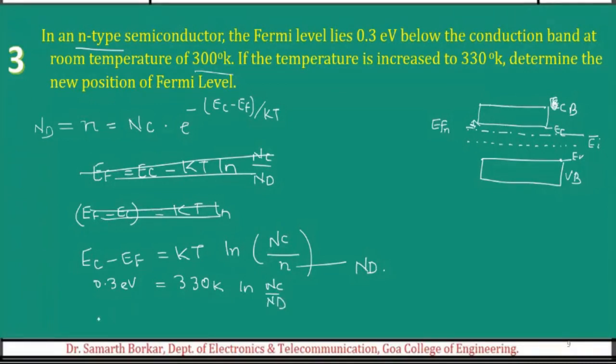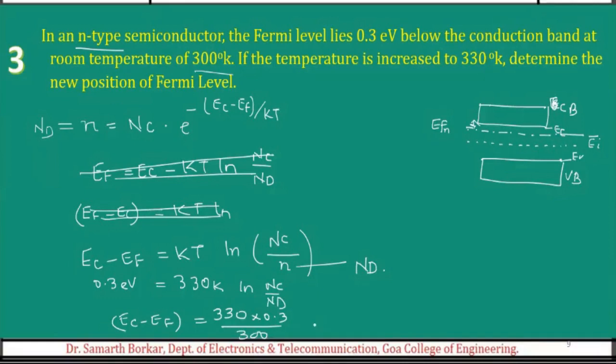So if I solve this, then Ec minus Ef, this is 330 K. So what I get is Ec minus of Ef with 330, 2.3 by 300.